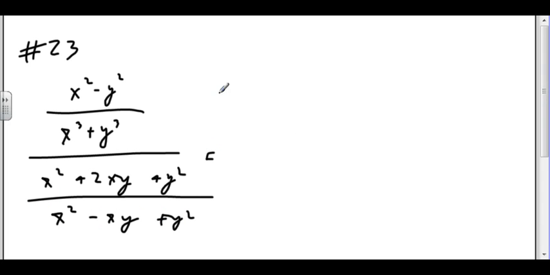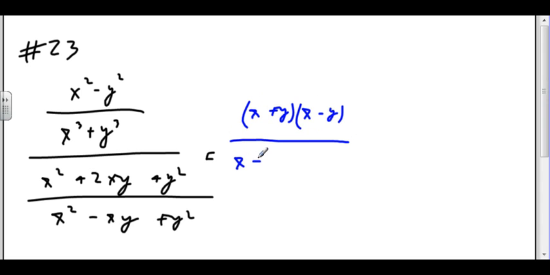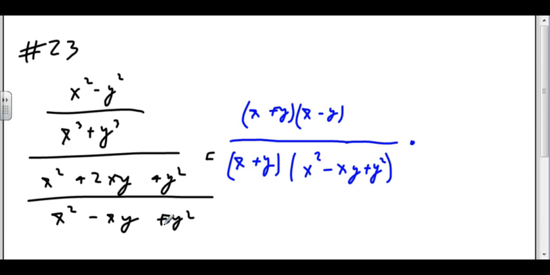All right, so we'll factor the top guy, x plus y, x minus y. And we'll factor his friend underneath, x plus y, x squared minus xy plus y squared. So we recognize it as difference of two cubes, sum of two cubes, difference of two squares.